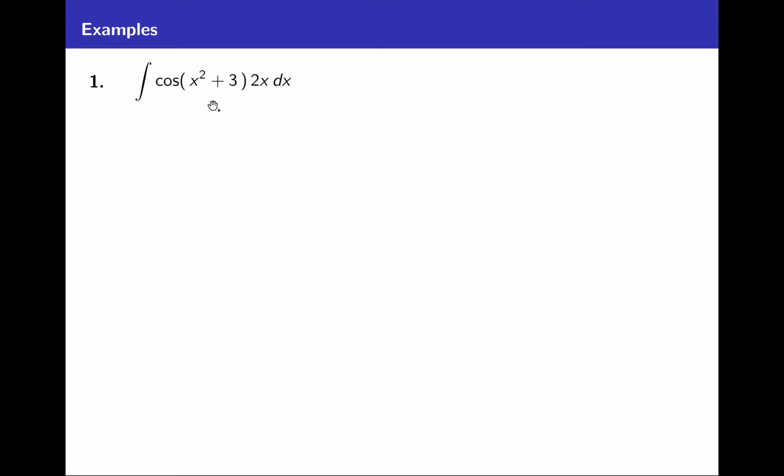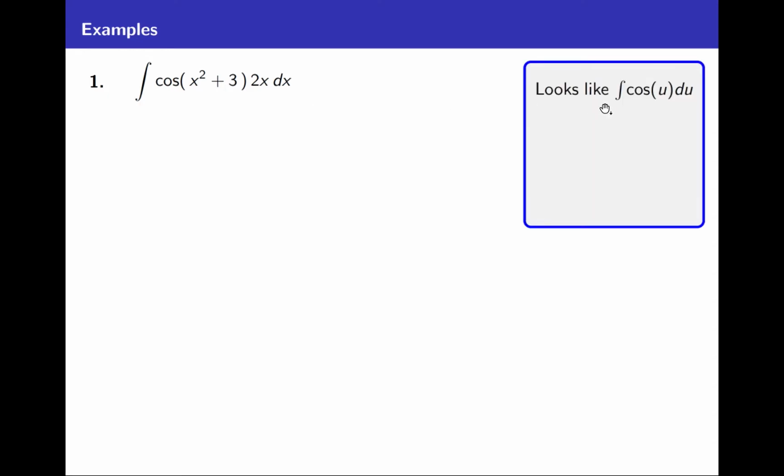The way to proceed is to think about your familiar integration rules and which one this most closely matches. It's got a cosine here, so it looks something like the integral of cosine u du. Let's see if we can make a substitution that converts this complicated integral into the simple integral of cosine u du. And if we can do that, we've got an answer because the integral of cosine u du we know is sine of u plus c.